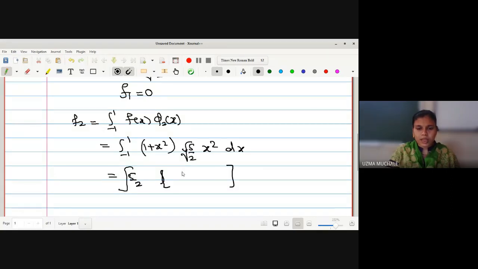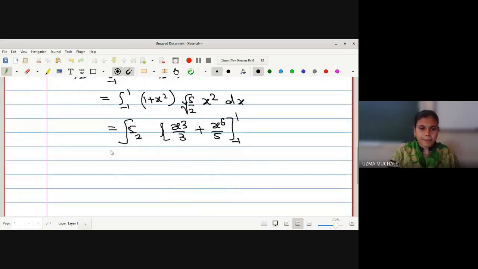Now let me find the integration directly. Integration of x square plus x raised to 4. Integration of x square will be x cubed by 3. Integration of x raised to 4 is x raised to 5 upon 5, within the limit minus 1 to 1. Okay, this is what root 5 by 2 multiplies. Now if I put in the limits, 1 minus minus 1 will be 2 by 3, plus as it is x raised to 5, again it will be 2 by 5.